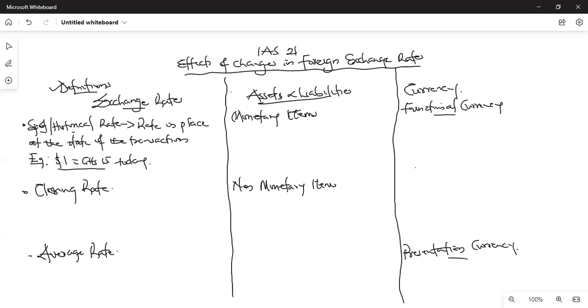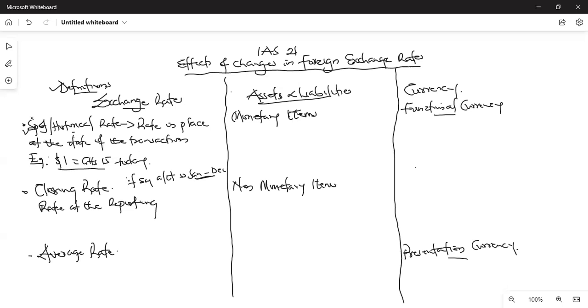Okay. Now, what is the closing rate? Closing rate is actually the rate at the reporting date. So you have your accounting year. So if, say, accounting year is January to December, any transaction that you'll be doing in this period will be using the spot or the historical rate, okay?